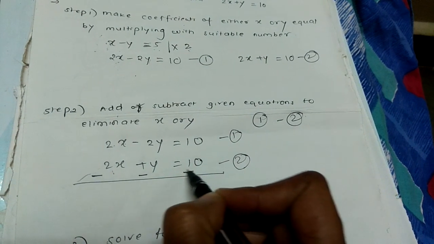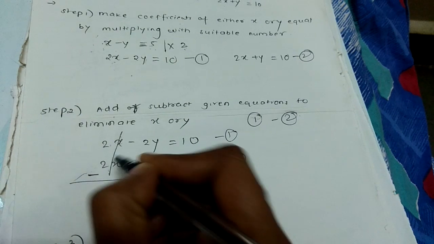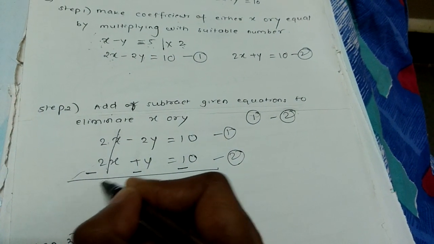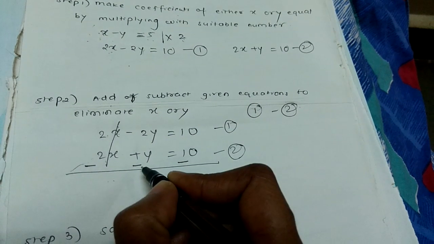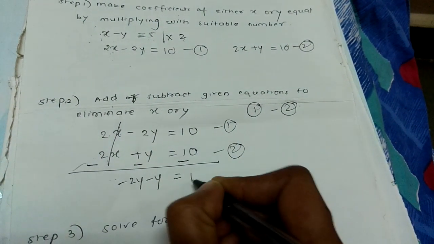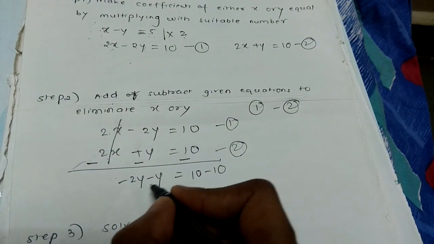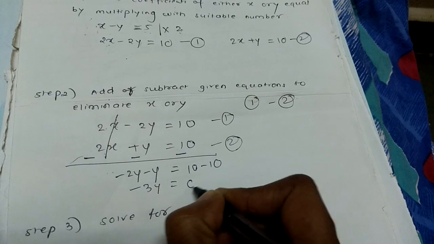So just change the sign of the second equation. So 2x minus 2x will be 0. Here x has been eliminated. Now minus 2y minus y will remain on this side. Here 10 minus 10. So what will we get here? Minus 3y equals 0.